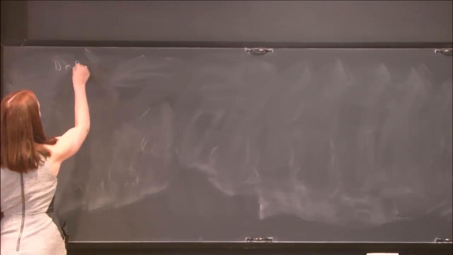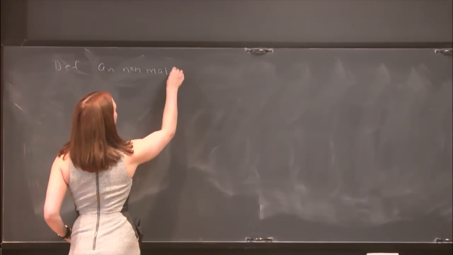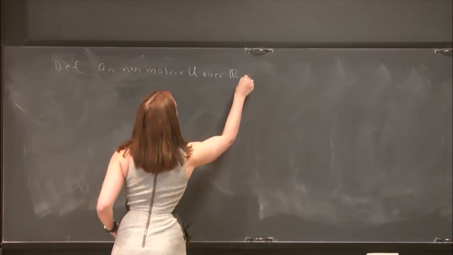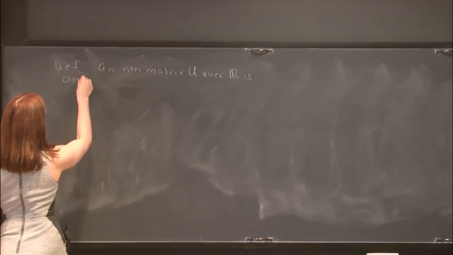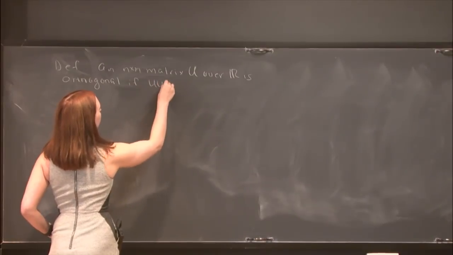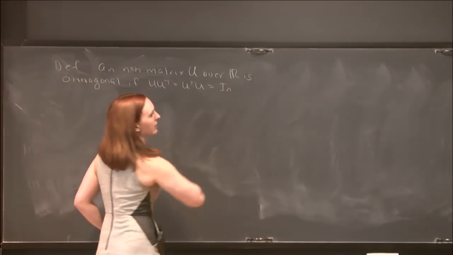So first thing, let's start out and just recall what we mean by an orthogonal matrix, right? An n by n matrix U over R is orthogonal if U transpose U is the n by n identity matrix, right?